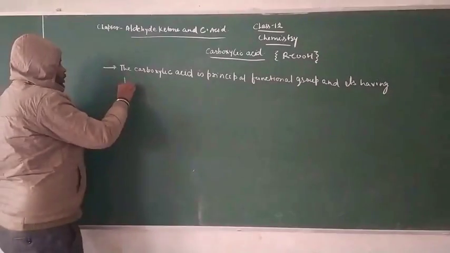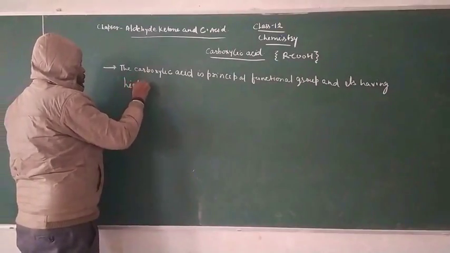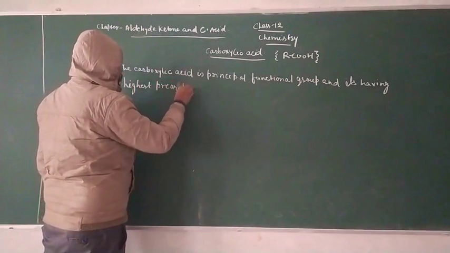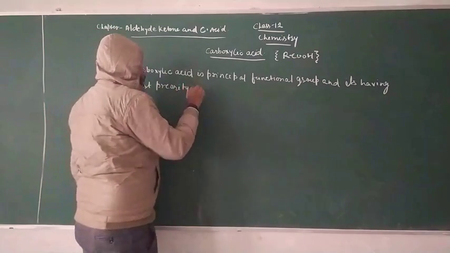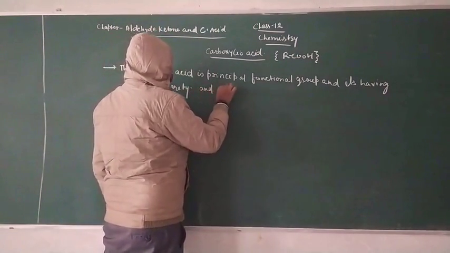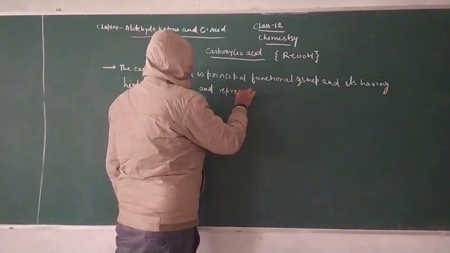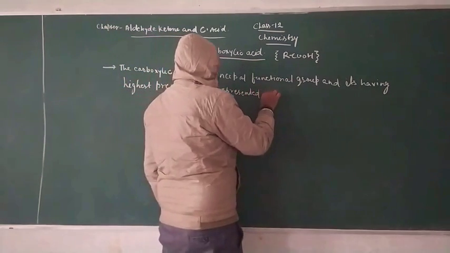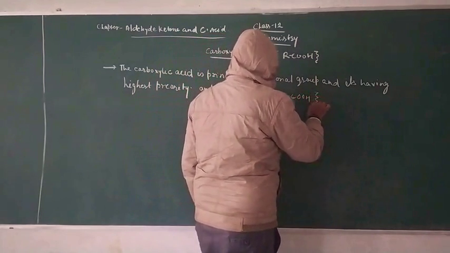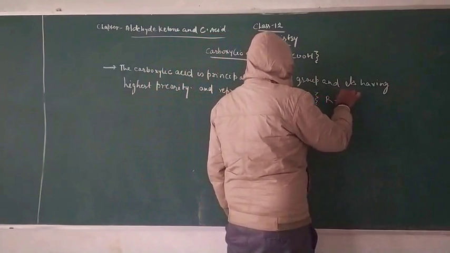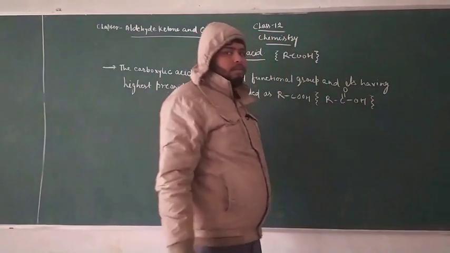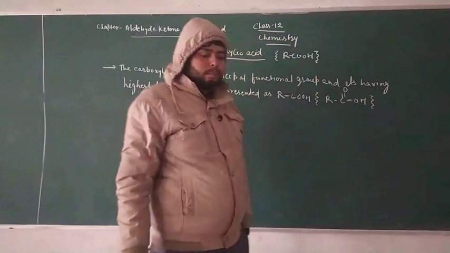It is represented as RCOOH, or also it is represented in the way R-C double bond O-H. That means this is the complete representation of carboxylic acid.